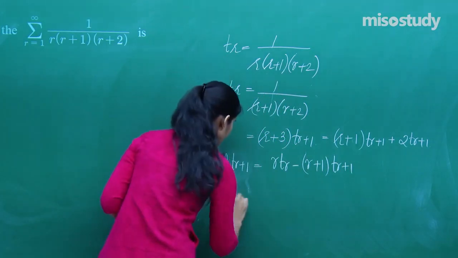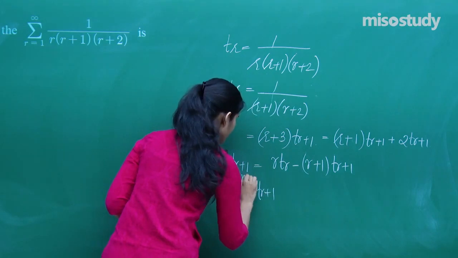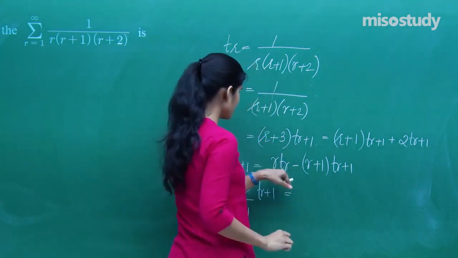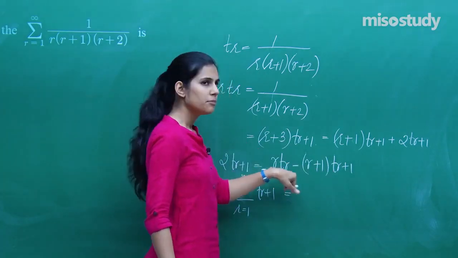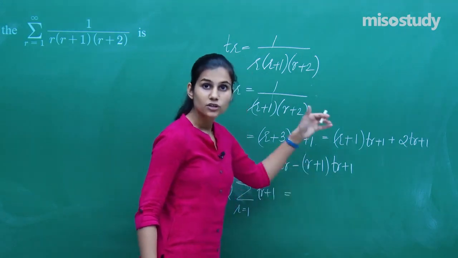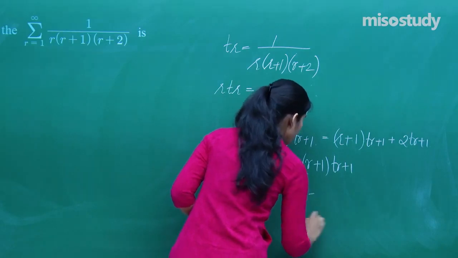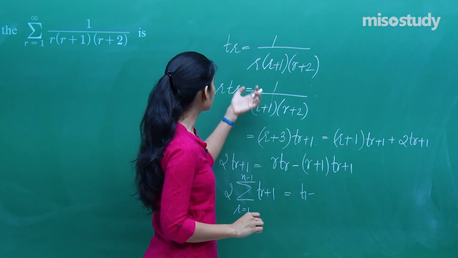So when you need to find the summation, r going from 1 to n, because till T(n) you need to find. This is what? 1T1 minus 2T2 plus 2T2 minus 3T3 plus 3T3 minus 4T4. So you are going to get the terms all cancelled. You just have 1T1 minus (n+1) T(n+1).